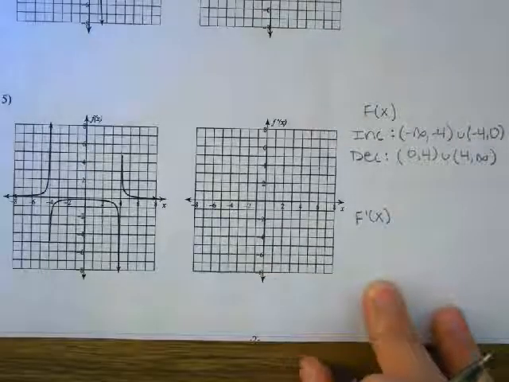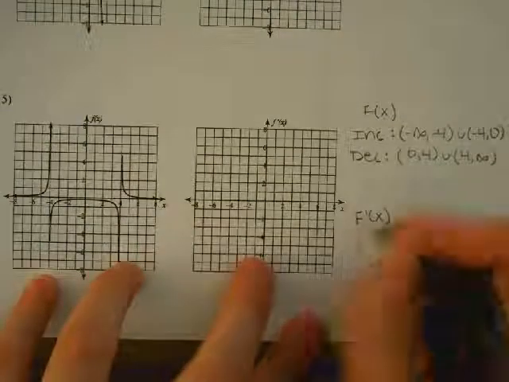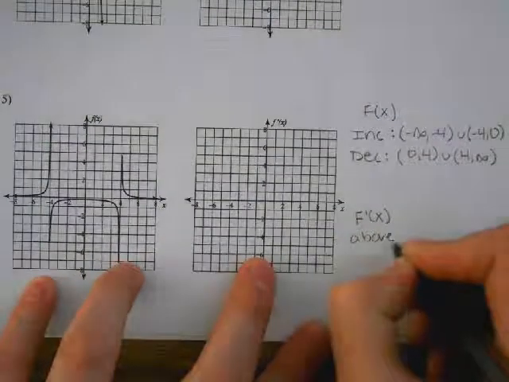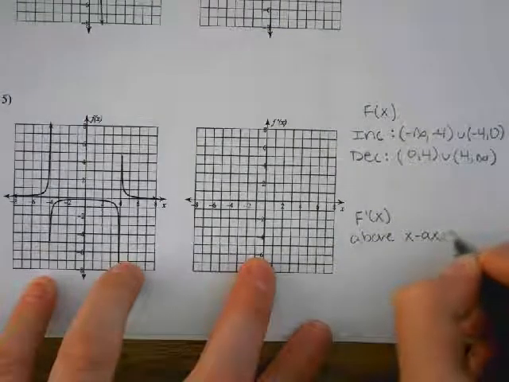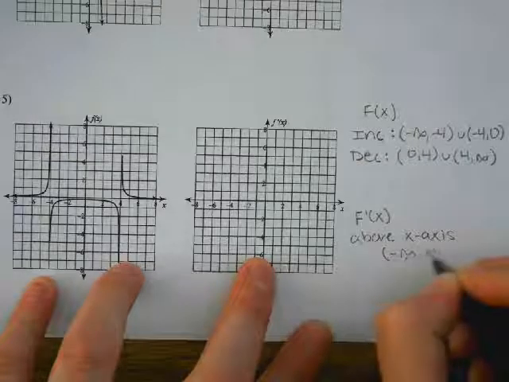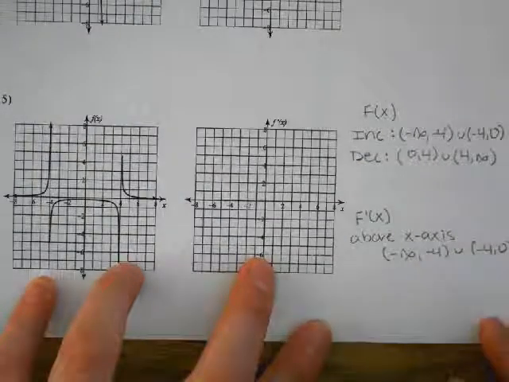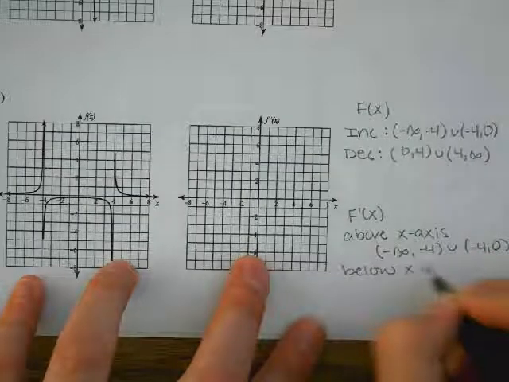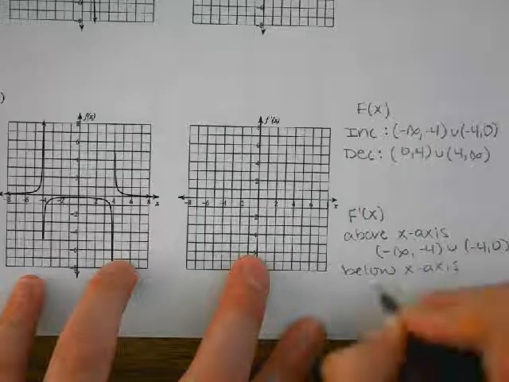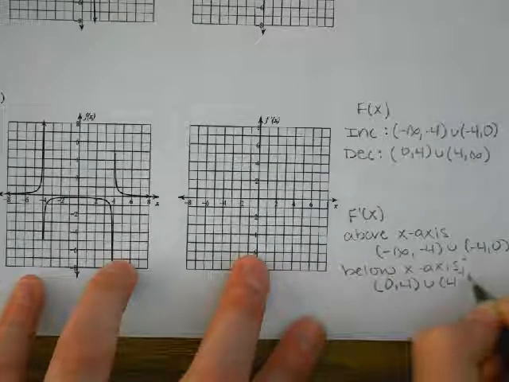All right. What does that mean when we draw the derivative? What should we see? Okay, so above the x-axis would be from negative infinity to negative 4, and from negative 4 to 0. And below the x-axis would be from 0 to 4 and 4 to infinity.